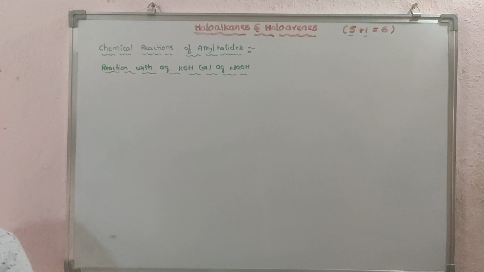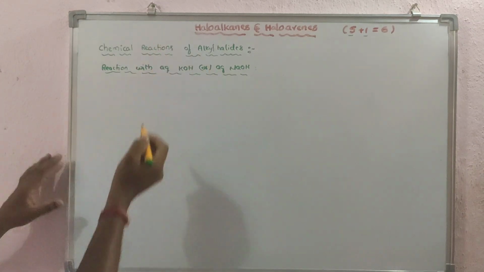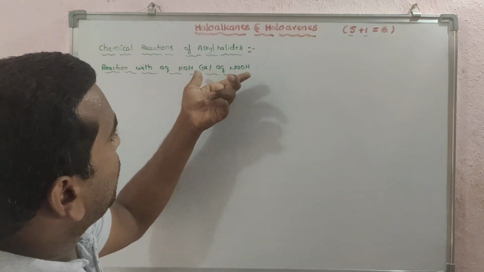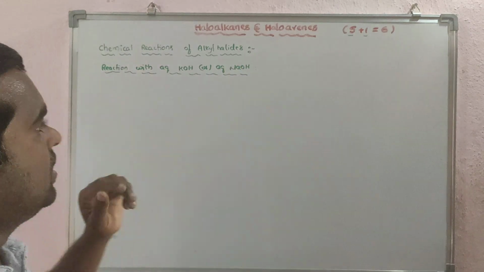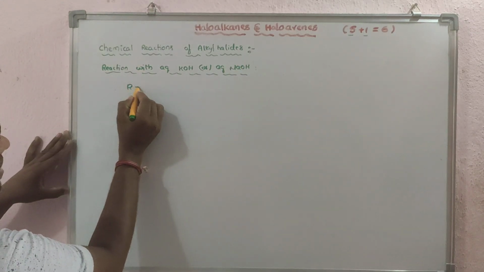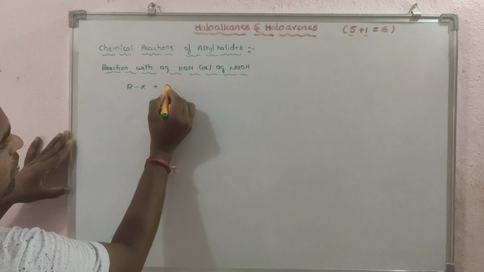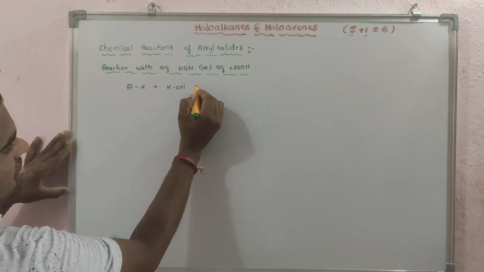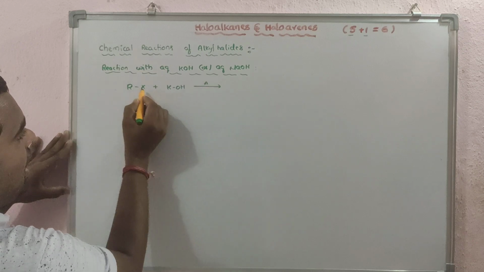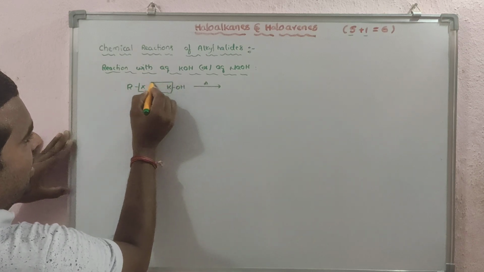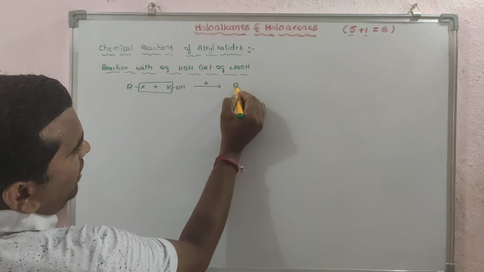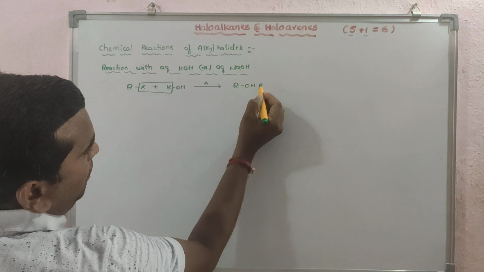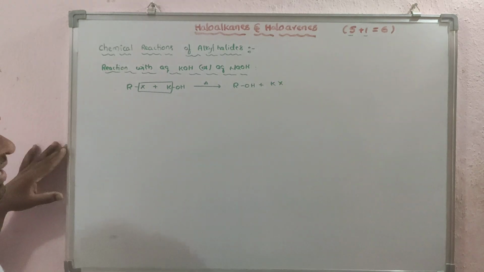I will write here: alkyl halide reacted with aqueous KOH or aqueous NaOH produces alcohol. Suppose I write alkyl halide and aqueous KOH. Then just heat it, and what will you get? KX will be removed and OH will be added to R. So it is bonded, and you get ROH plus KX.